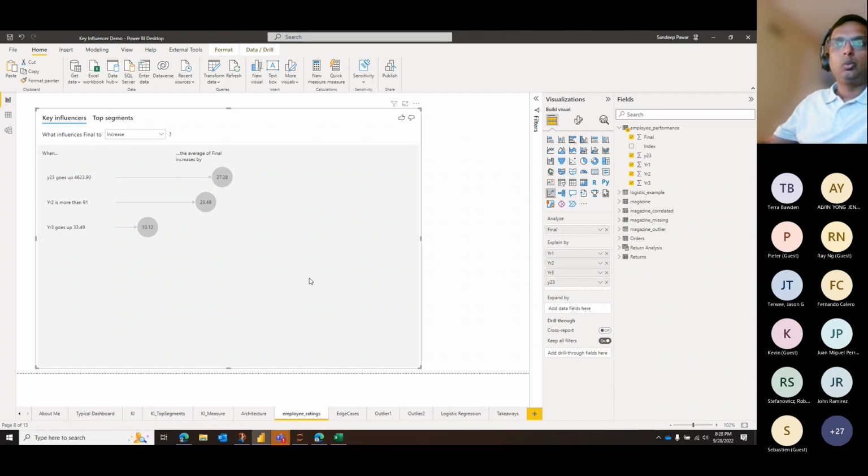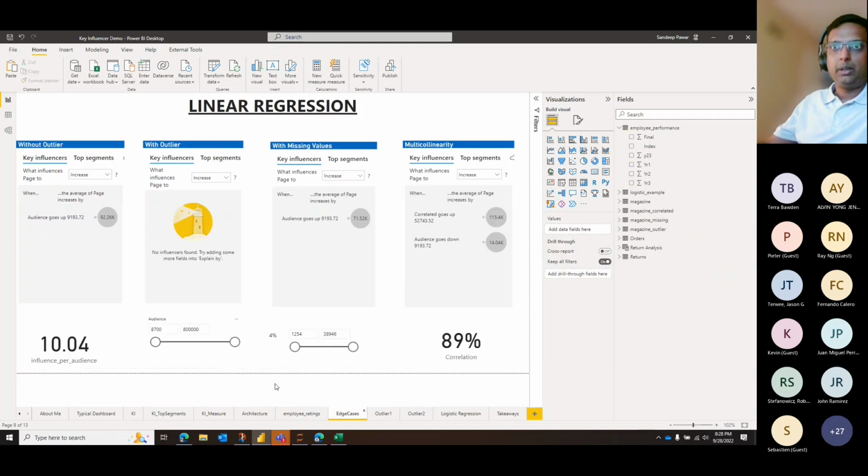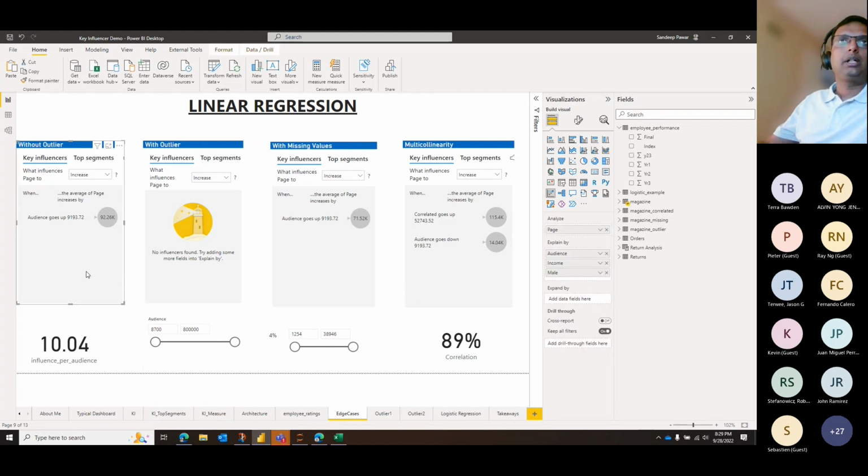Okay, let's see what else. Edge cases. So we'll keep talking about where you wouldn't use the key influencer visual. And I would like to show you some examples where it does not work. So we have some data here. Oh, this is a different data set where I artificially added some outliers in the data.